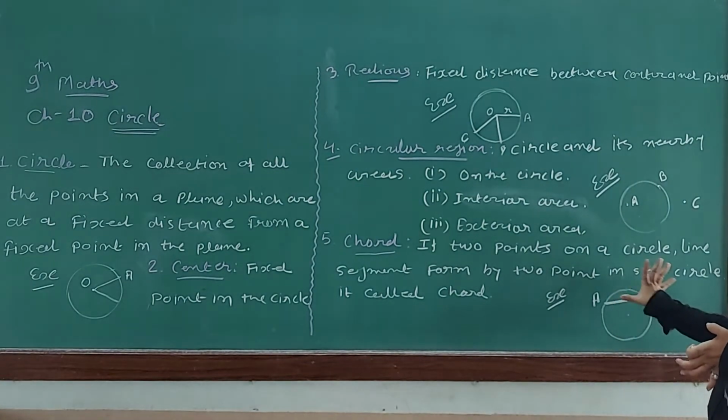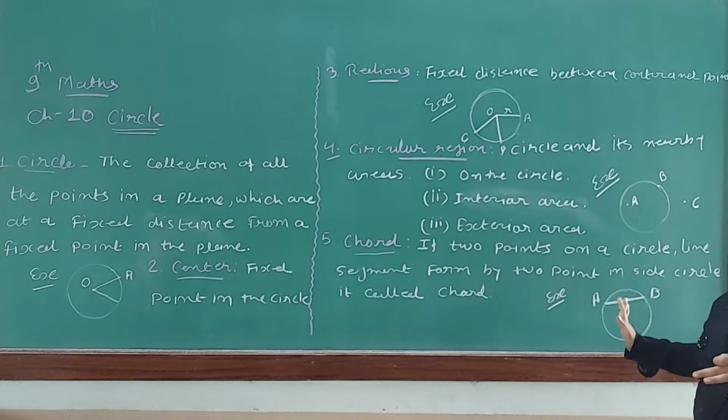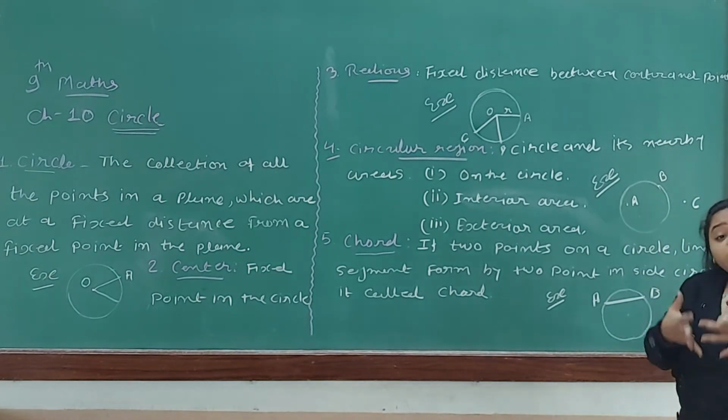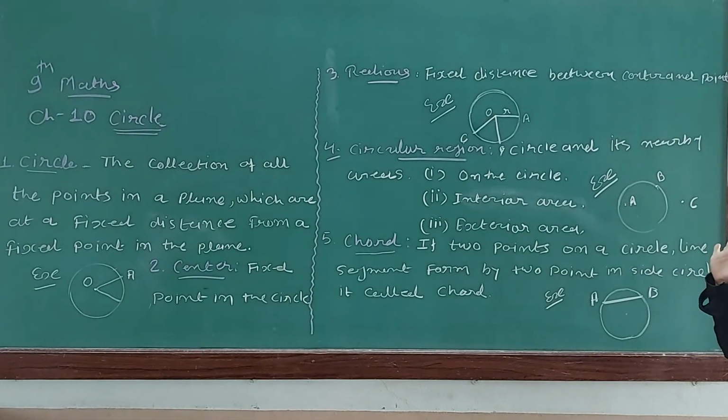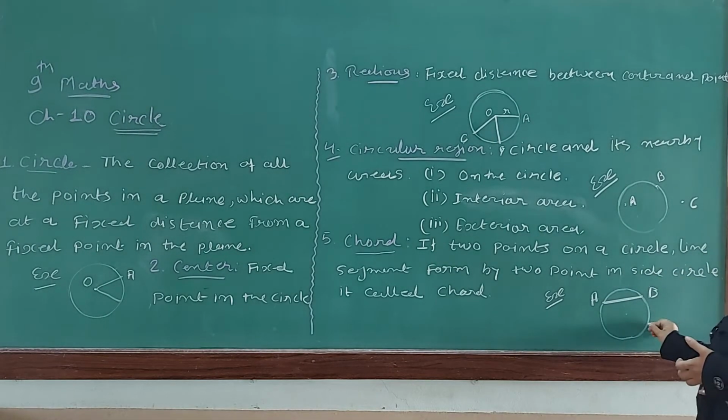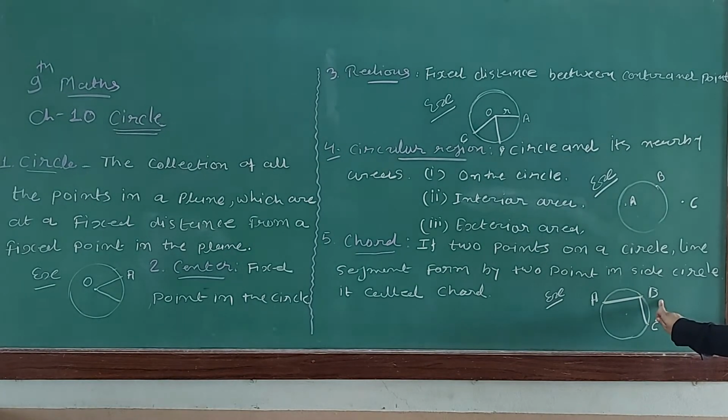Now you have to take any 2 points on the circle. You have to form a line segment, or we can say that you have to connect both the points and they form a chord. Suppose let me form over here C. So another chord will be BC.